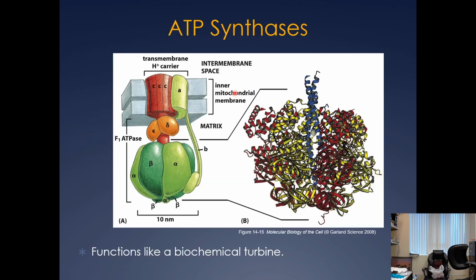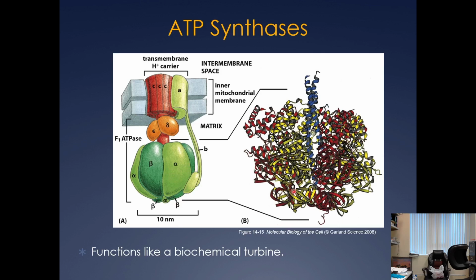Here's a great schematic of the ATP synthase. It's an F1 ATPase, and you have this little rotor here that actually spins, and the protons from the intermembrane space actually flow through, and that causes the rotor to rotate, and then this takes ADP and inorganic phosphate and converts it into ATP.